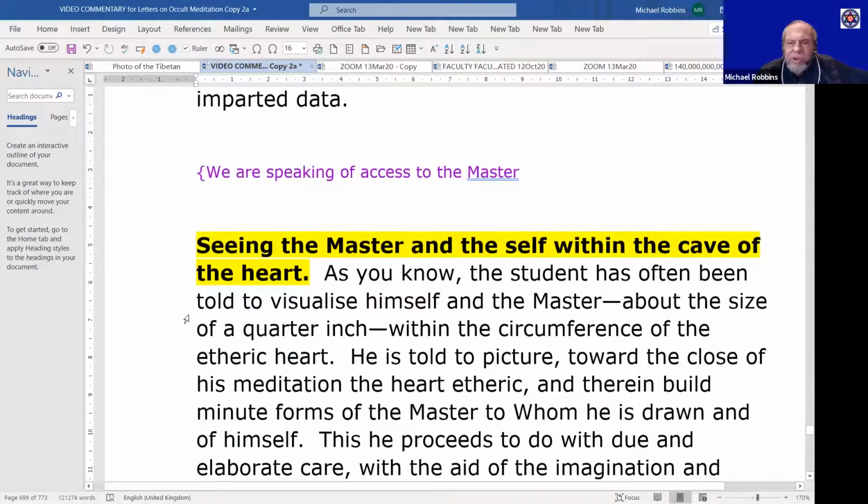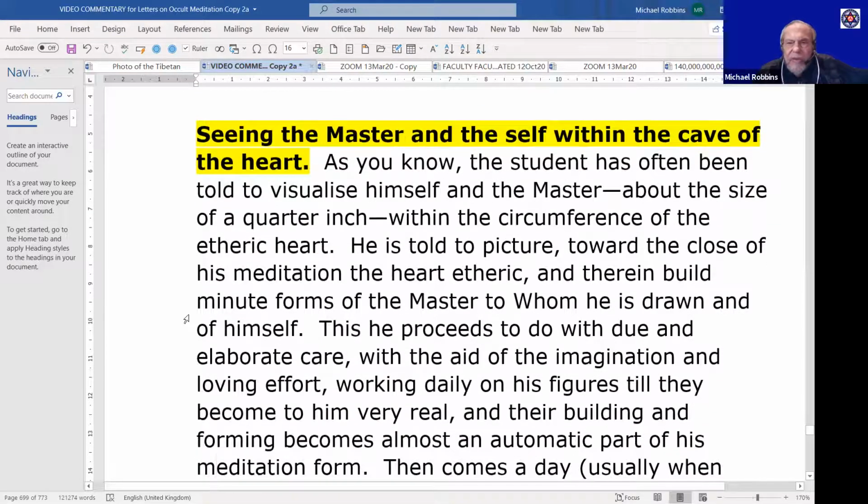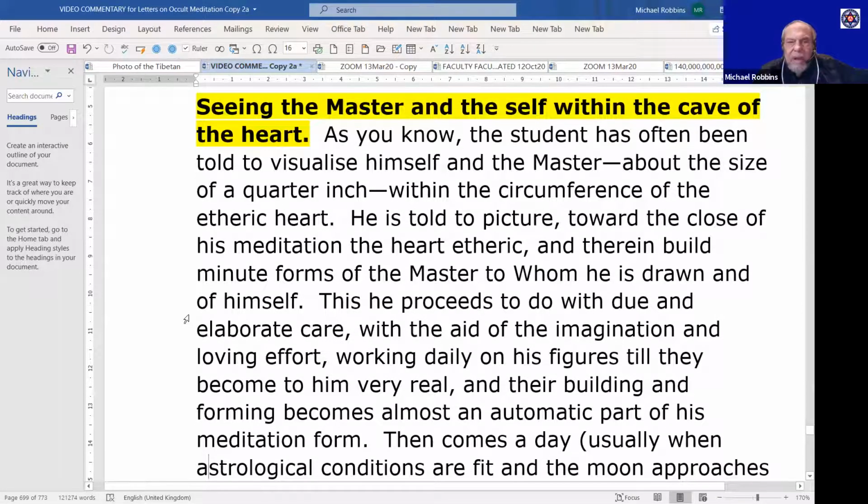He is told to picture, towards the close of his meditation, the heart etheric, and therein build minute forms of the Master to whom he is drawn and of himself. Then he proceeds to do with due and elaborate care, with the aid of the imagination and loving effort, working daily on his figures till they become very real to him, and their building and forming becomes almost an automatic part of his meditation form.